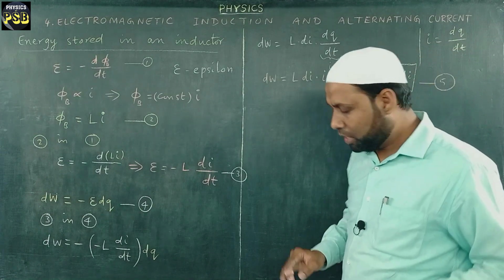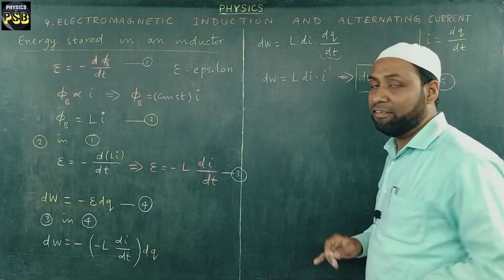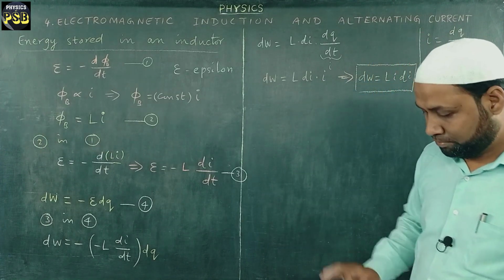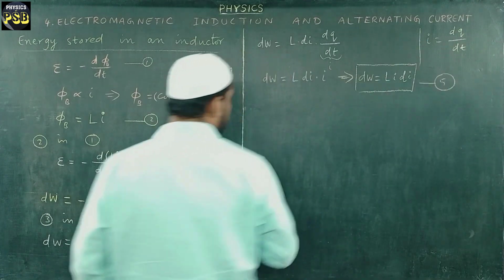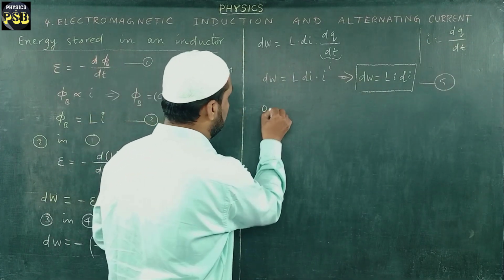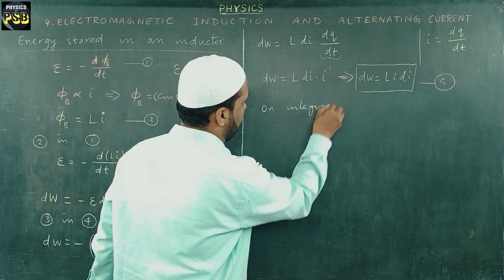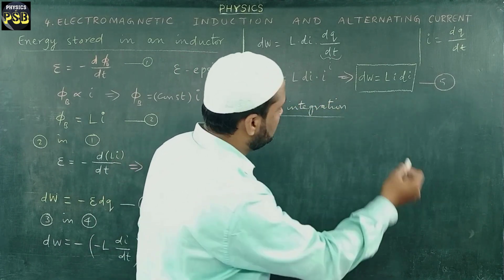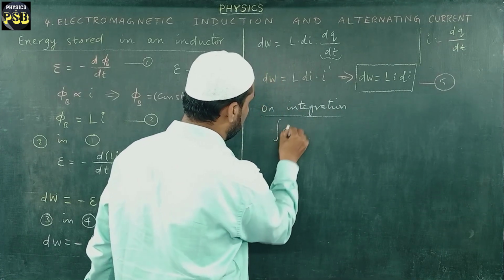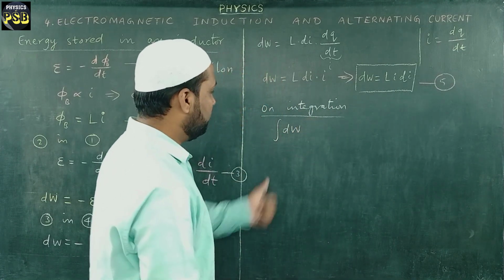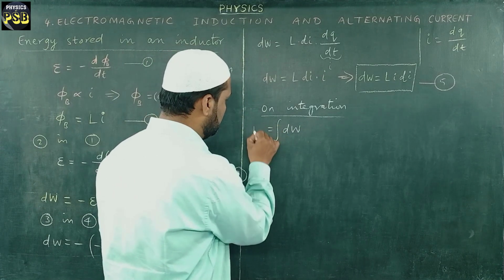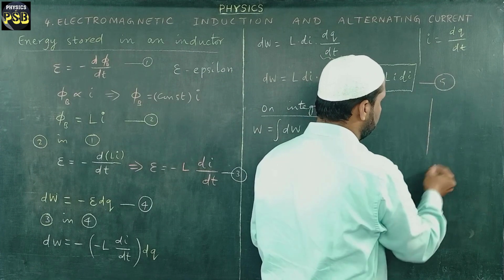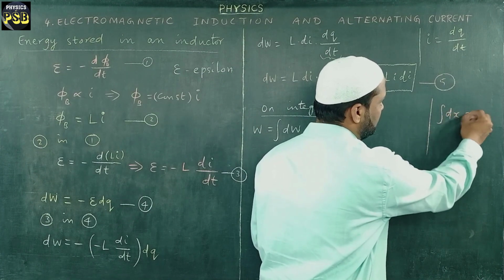Now if I integrate equation 5, I will get the total work done to establish current in the coil. If I integrate dW, I'll get W. We know the integral of dx is equal to x.